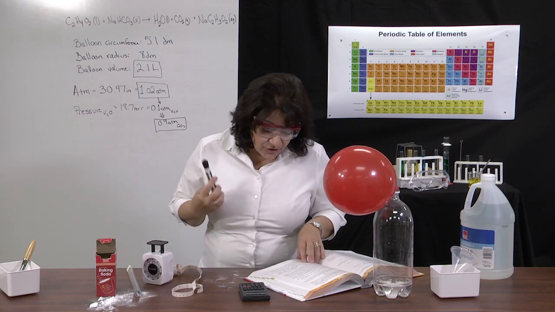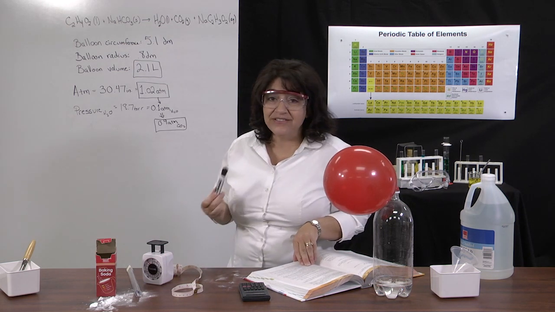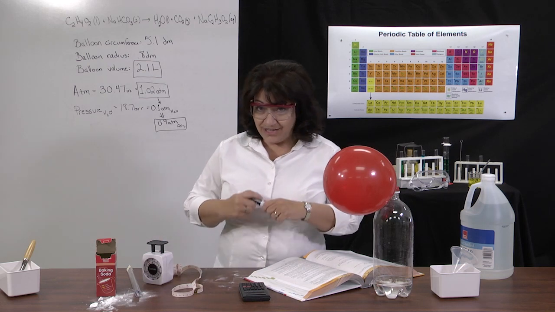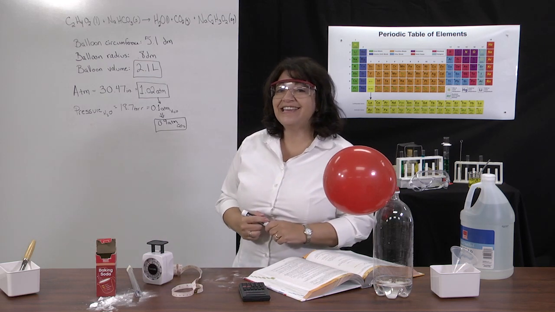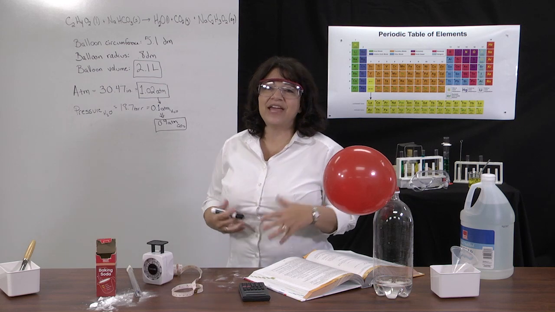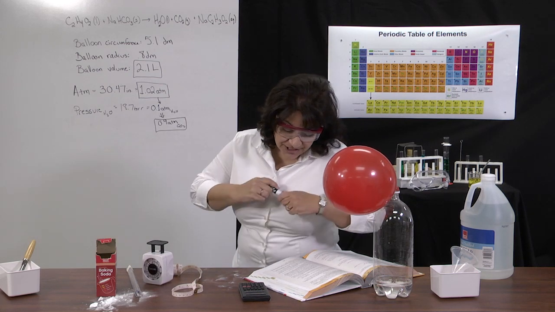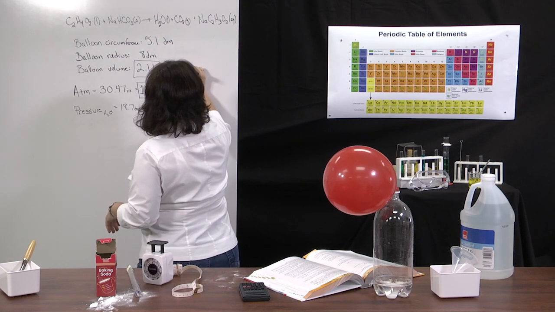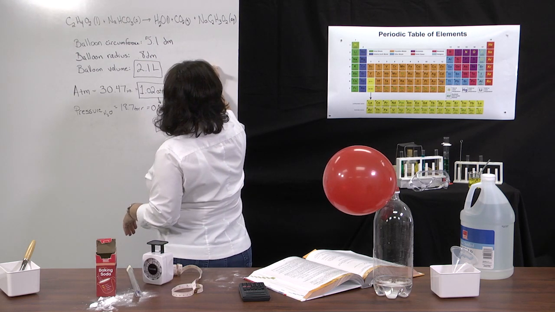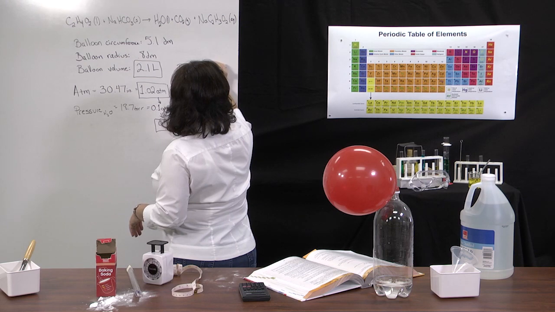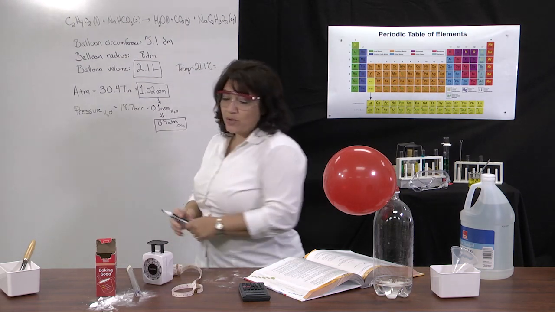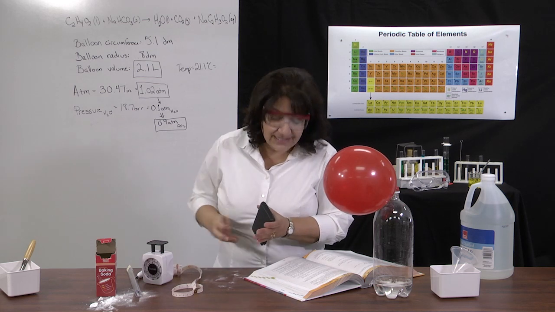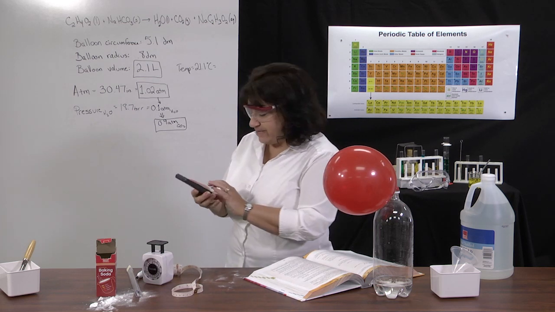Okay, so what do we have here? We have to also get the temperature. We have our temperature as 21.1 degrees Celsius, but we need to convert that to Kelvin because when we use the ideal gas law, we have to have our value in Kelvin. To convert that to Kelvin, all we have to do is add 273.15.